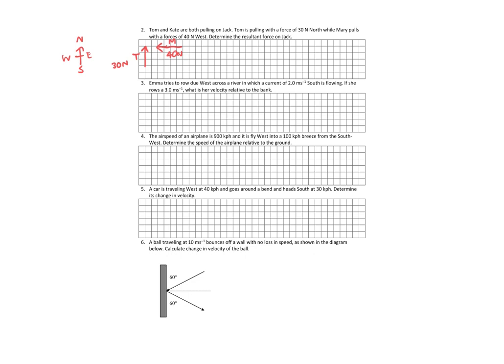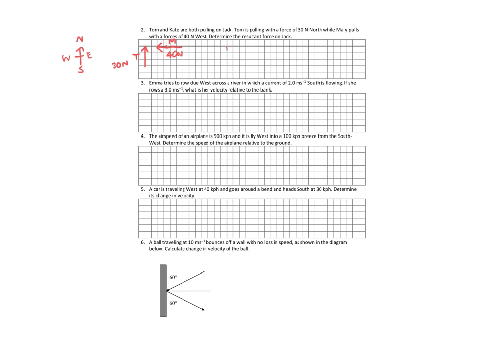And I'm going to draw these vectors in again. We have 30 north, that's the force due to Tom. And then we have, now, this will happen to you as you do it. What I've just realised is I've not drawn it far enough across. And when I come to add the second force on, my diagram doesn't work. So I'm just going to rub it out and start again.